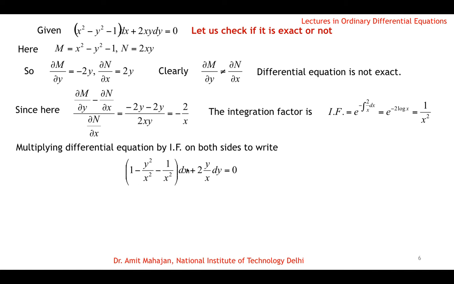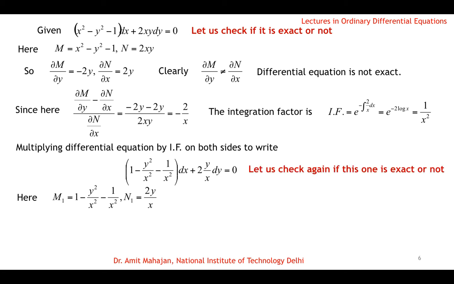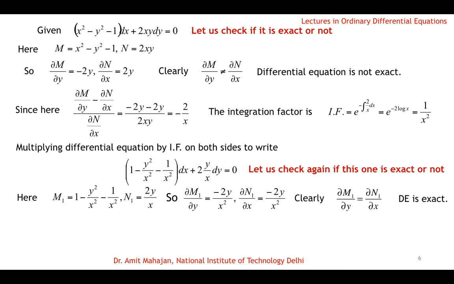So this is our new M and our new N. M1 is 1 − y²/x² − 1/x², and N1 is 2y/x. Again we will check the derivative of M1 with respect to y and the derivative of N1 with respect to x, and this time they are the same. That means this new differential equation is exact.